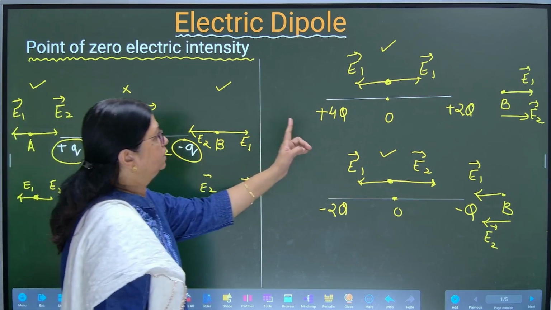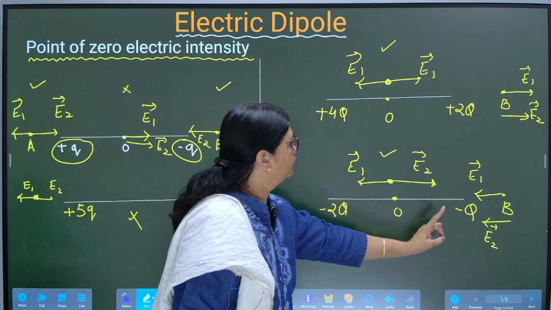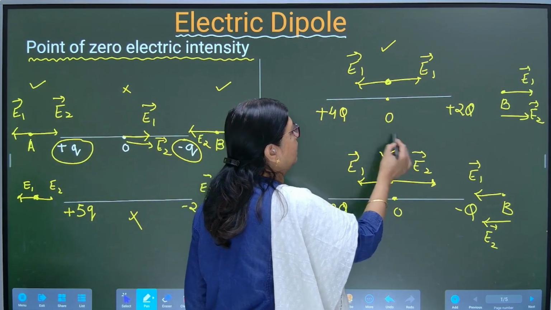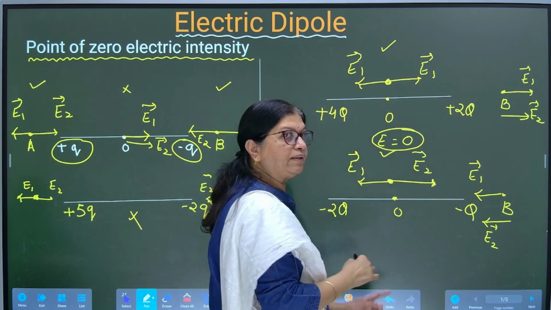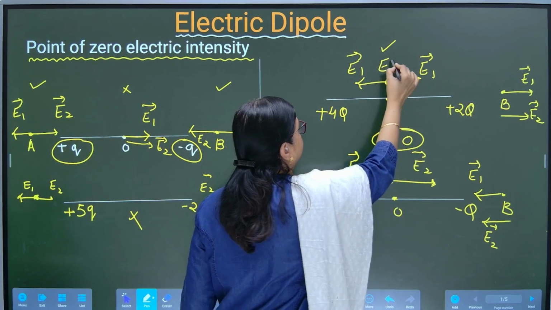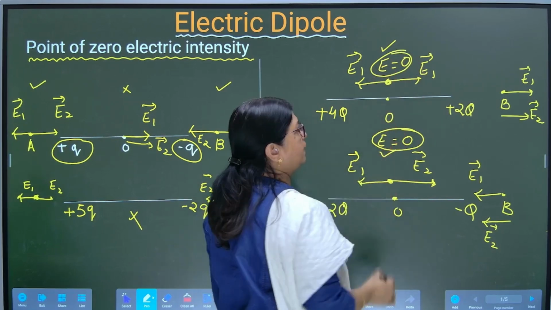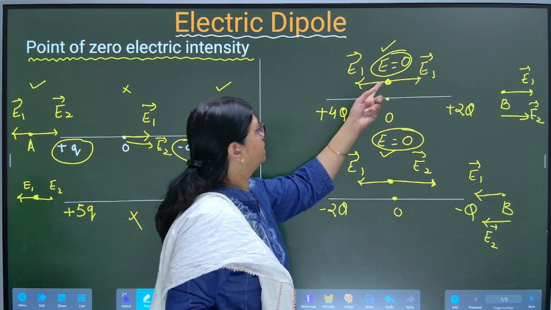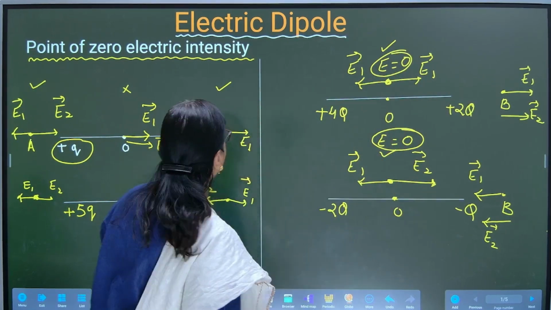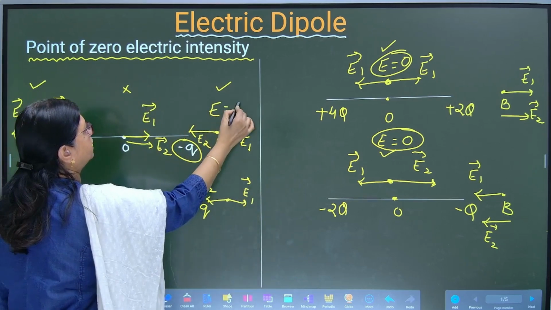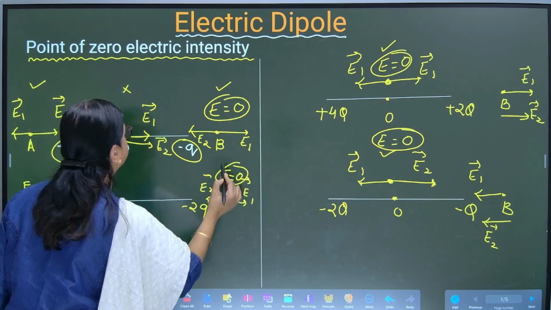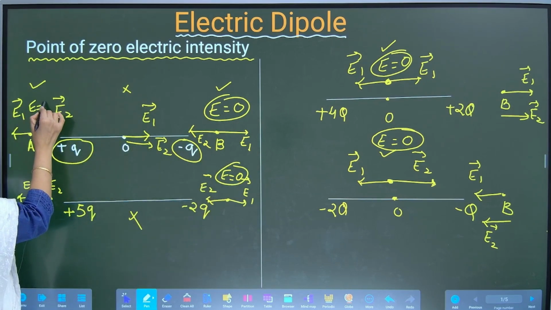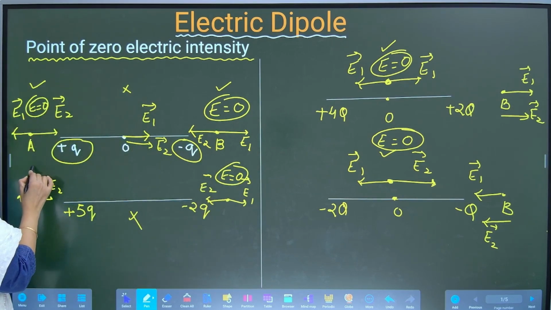And for same polarity, field intensity E is equal to 0 for a point somewhere in between. Why? Because here the directions are opposite. Here, what will I get? E is equal to 0. Here also E is equal to 0 is possible. I can get it. Why? Directions are opposite for E1 and E2.